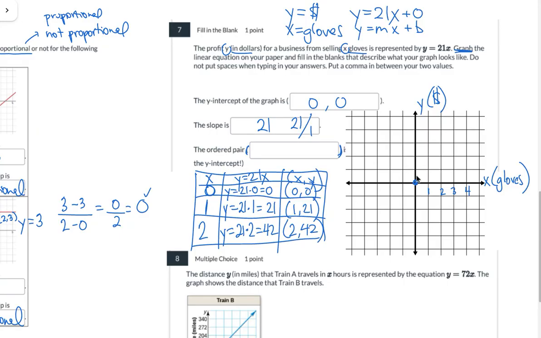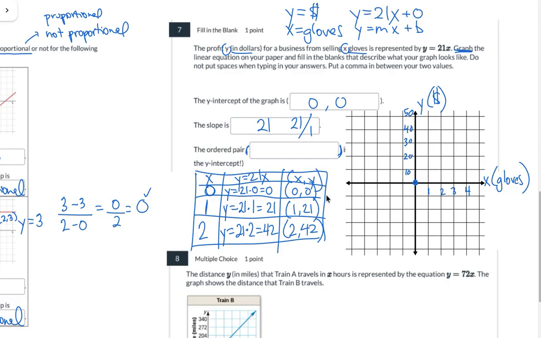So how many spots do I have? 1, 2, 3, 4, 5. Okay, so what could I go by so that I could actually get to these numbers? And I would argue that we could go by 9s, you could just go by 10s, and you could estimate it. So I'm just going to go by 10s because that would get me all the way to 50. So if I say that's $10, that's $20, that's $30, that's $40, that's $50.